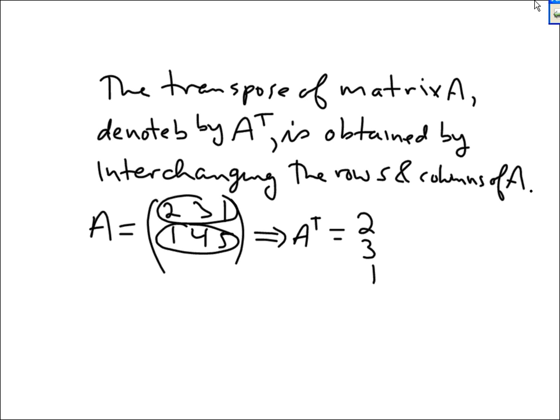This second row becomes the second column. You don't like rows? Good for you. We'll start off with columns. The first column became the first row. The second column became the second row. The third column became the third row.